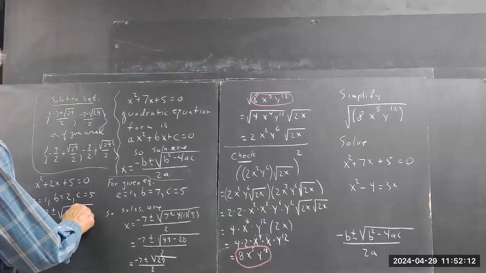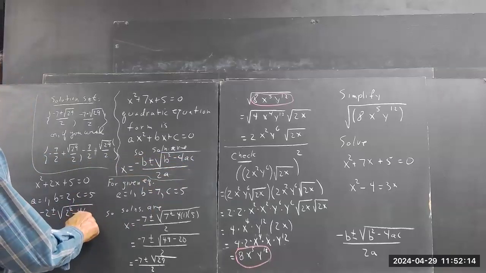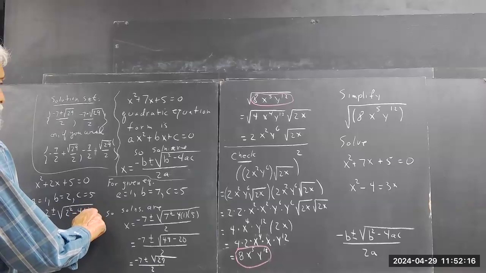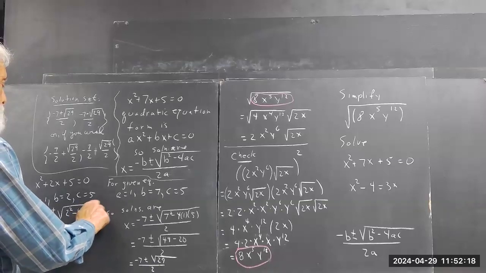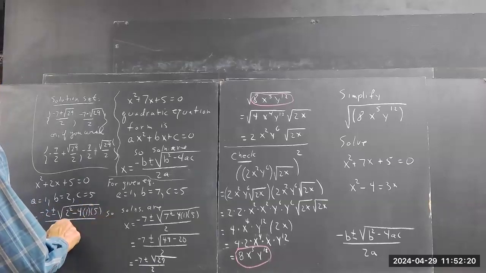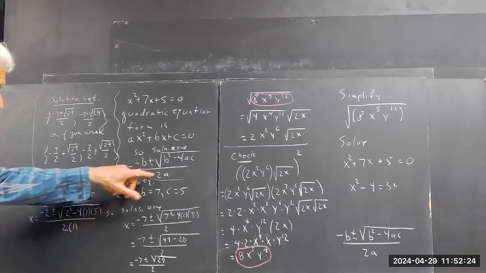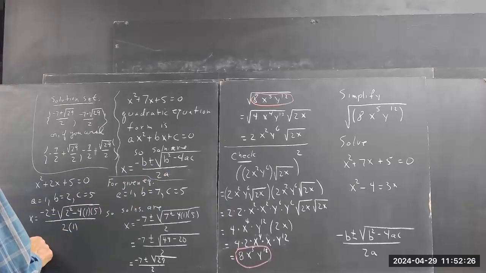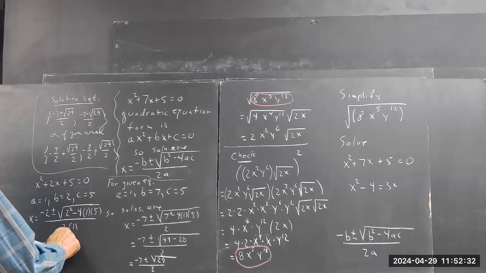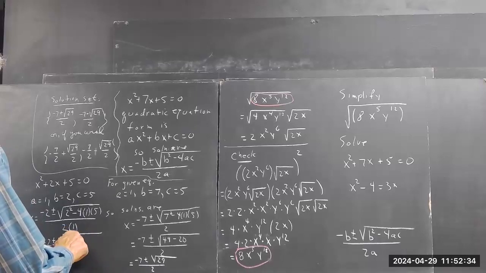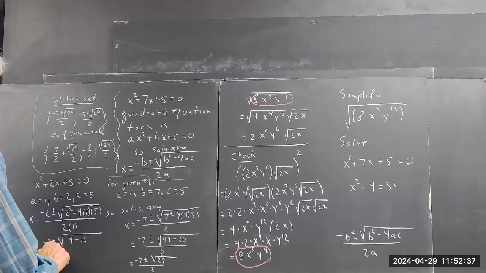Well, the 4 is always there, a is 1, c is 5. All that's divided by 2a. Since a is 1, 2a is 2 times 1. So we have negative 2 plus or minus the square root of 4 minus 20, all divided by 2.